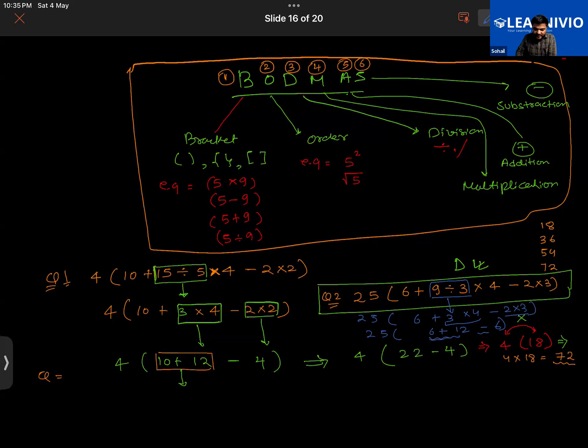I should be adding first, 6 plus 12. So this is 25 times 18 minus 6. That is 25 multiplied by 12. Thereby the answer would be 300. Both of you got the same answer. That's good to know.